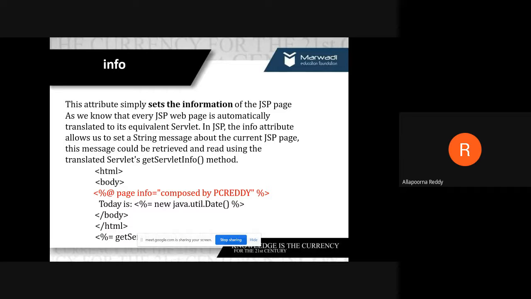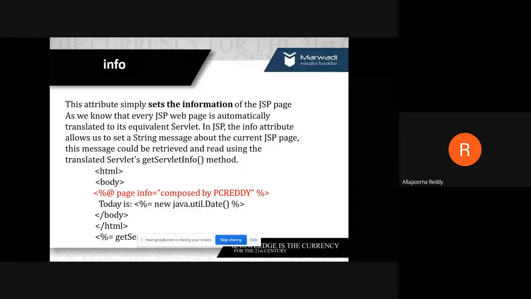You know the JSP translator we are using. As we convert our JSP page, it is automatically translated to its equivalent Servlet. Then you are giving some information about the current JSP page.